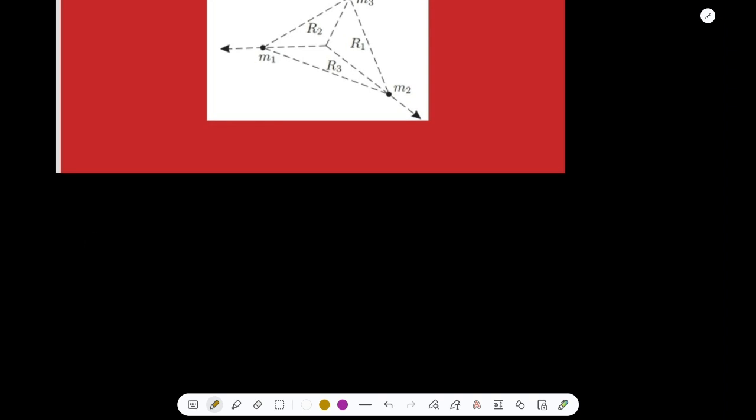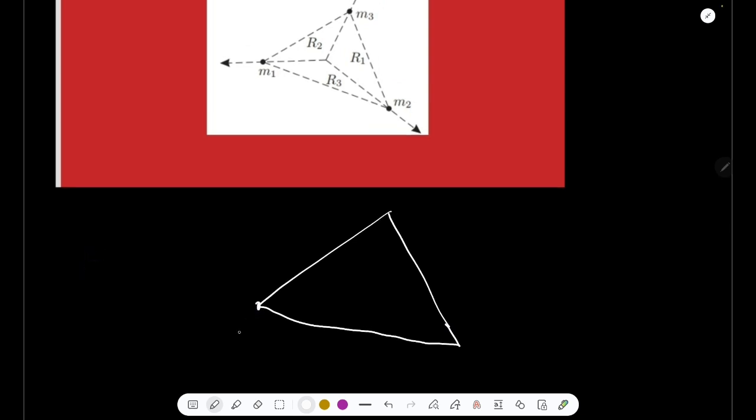And we have initially a triangle like this, with three masses M1, M2 and M3.